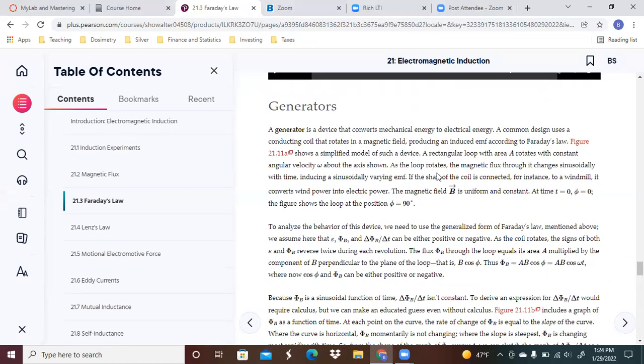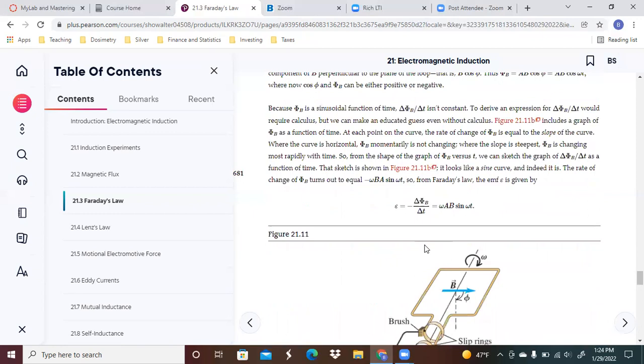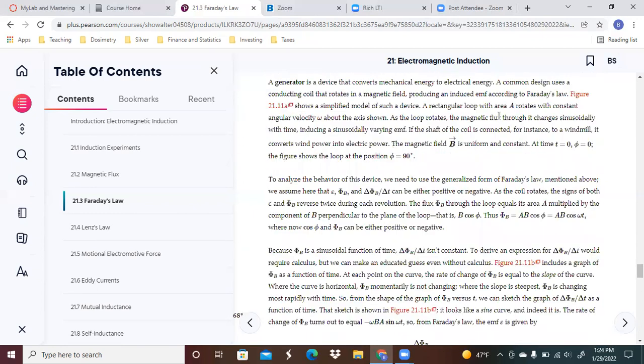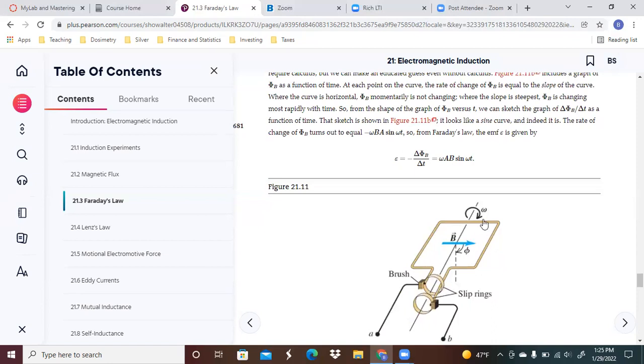generators. A generator, as you might expect, is a device that's going to convert mechanical energy into electrical energy. So a common design is going to be a conducting coil that rotates through a magnetic field, something like this. It's going to produce an EMF according to Faraday's law. So we've got a rectangular loop with area A rotates with constant velocity omega.